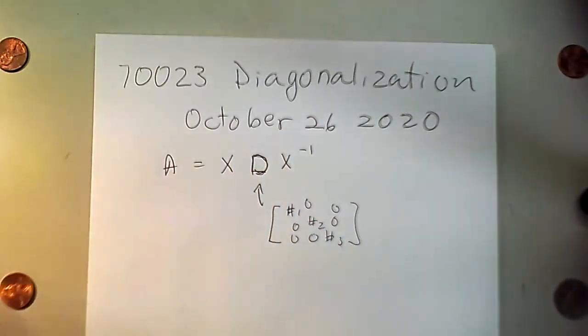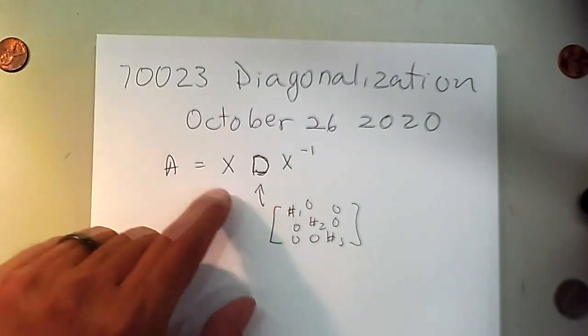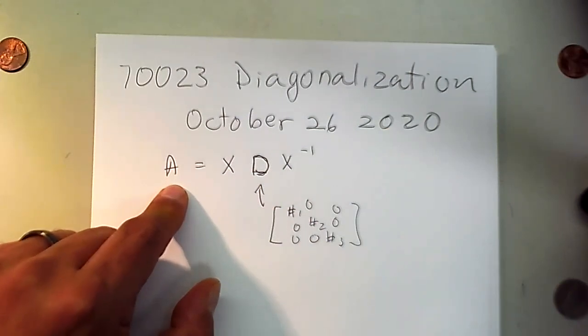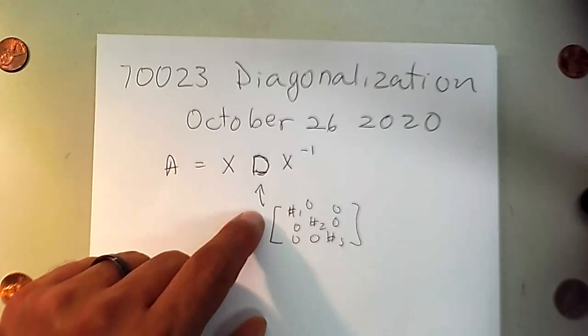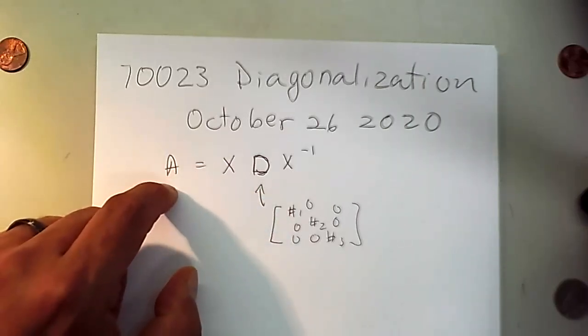There's some consequences of this. And the other thing that is going to be important about factoring of a matrix into this format is that we will be able to do powers of A. That's going to be an application we're going to do in this video.